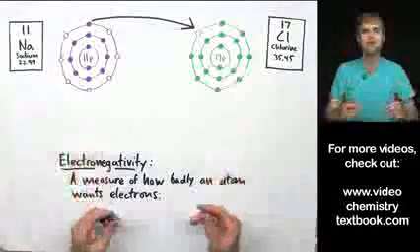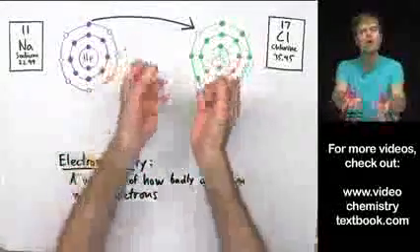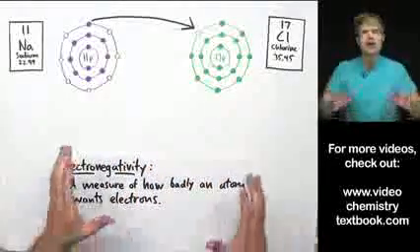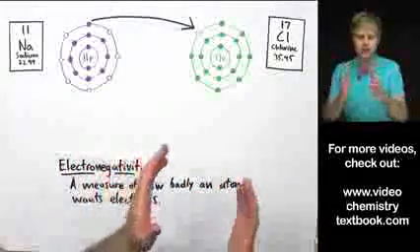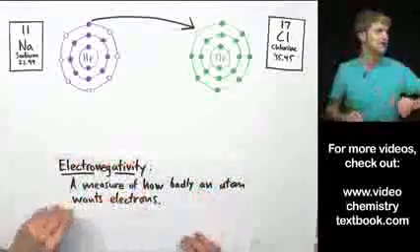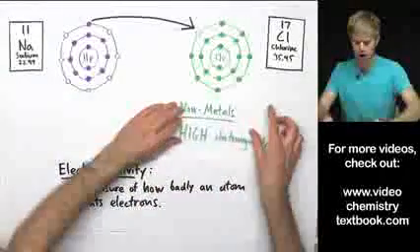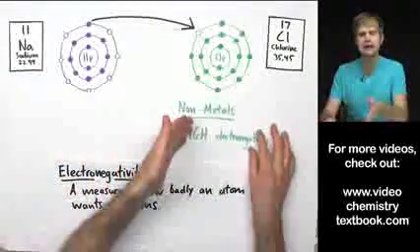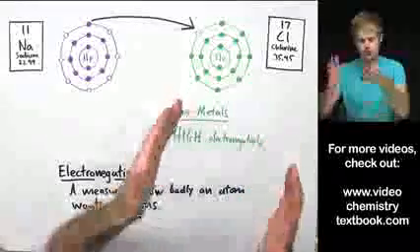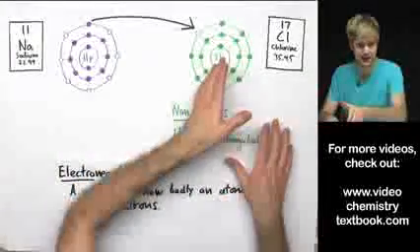So in ionic bonding, there are electron givers and there are electron takers. This has to do with whether an atom is a metal or a nonmetal. Nonmetals, like chlorine, all have a very high electronegativity. They are very greedy. They want other electrons very, very badly.